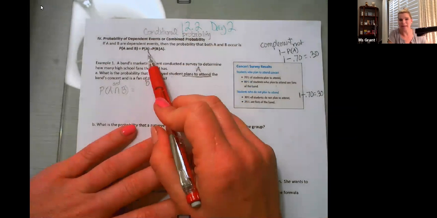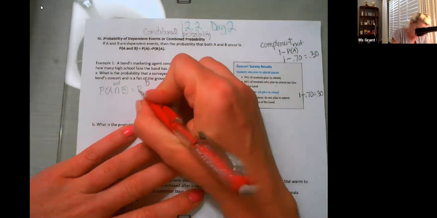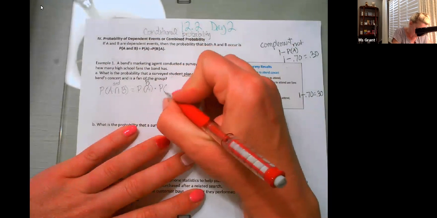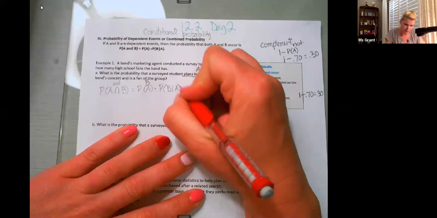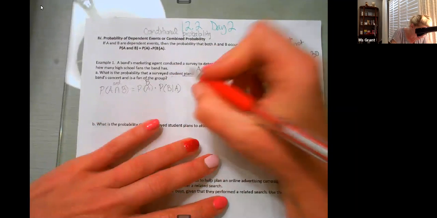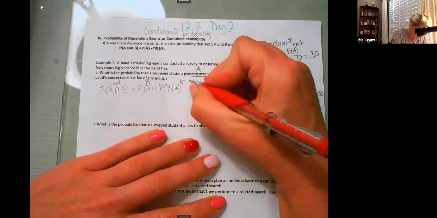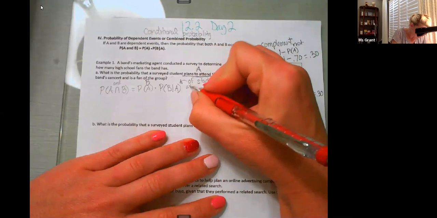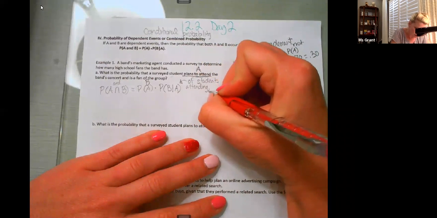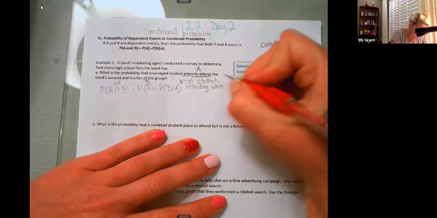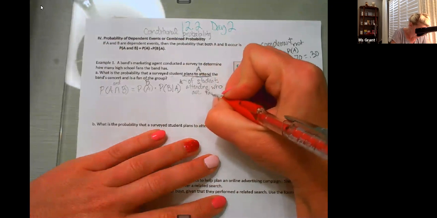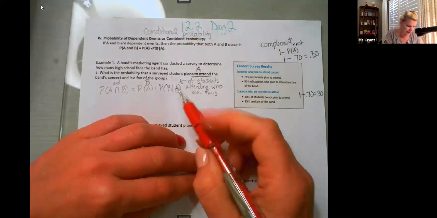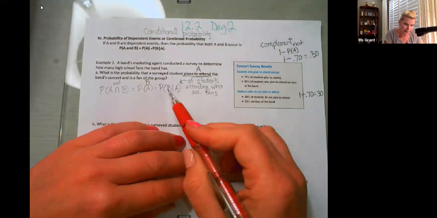The probability of A happening, the probability of students that are going, times the probability of B given A, which is of the students attending who are fans. That's what this B given A is. The students that are attending, A, who's a fan, B.